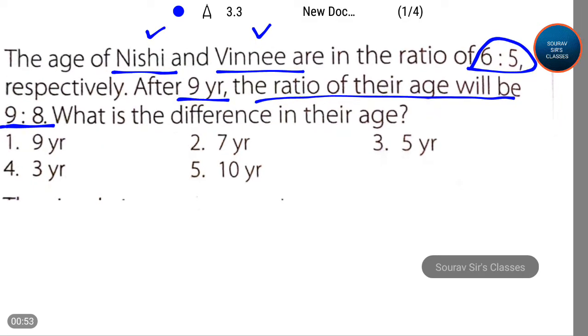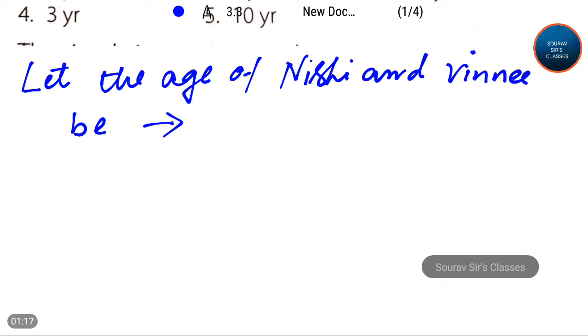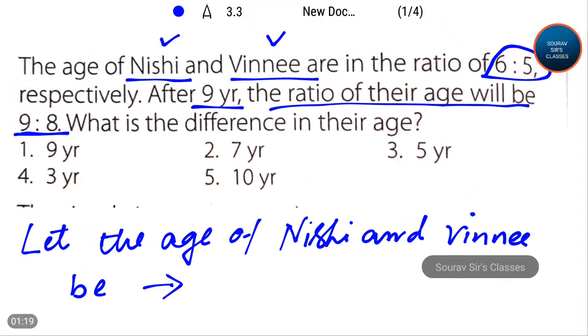So now let's start. Let the age of Nishi and Vinny be, as here the ratio of their present age is given, that is 6 is to 5.